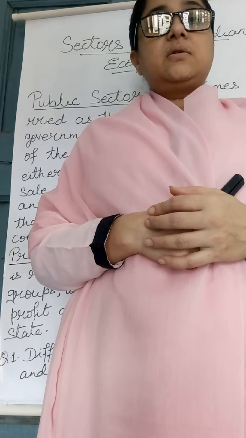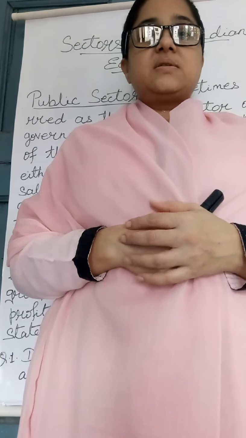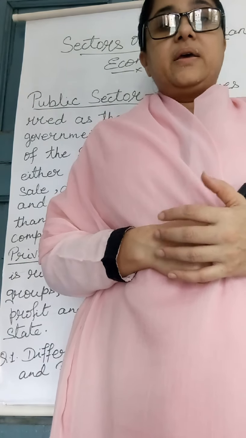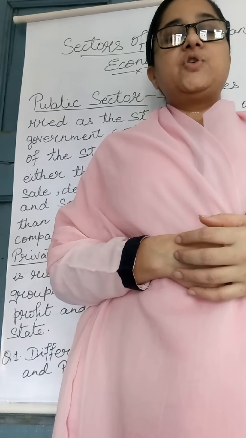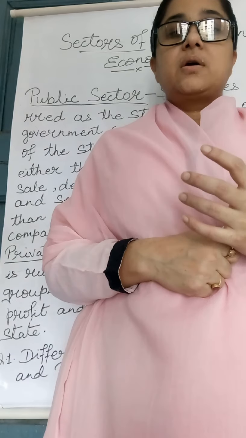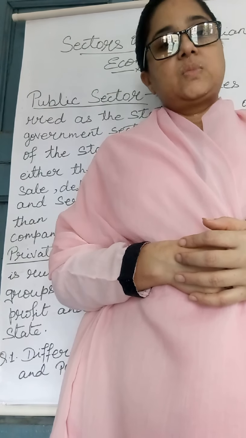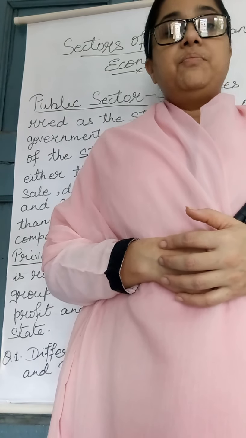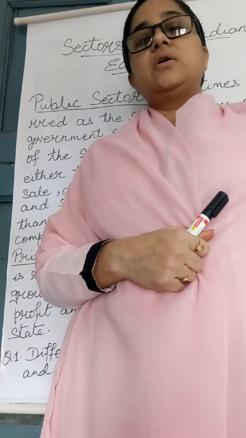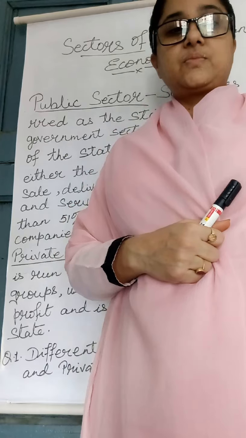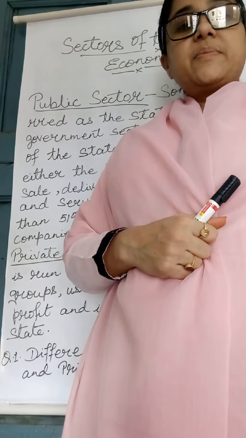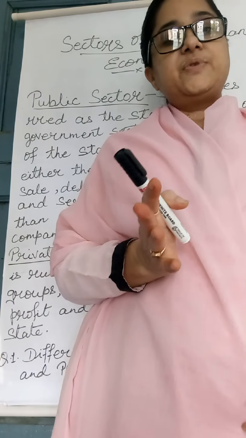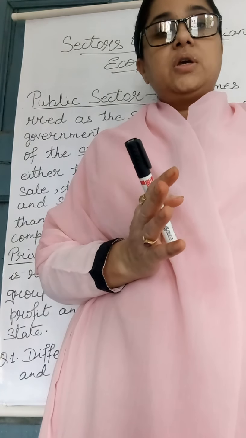In the private sector, ownership of assets and delivery of services lie in the hands of individuals or private companies. Both these sectors are involved in major activities of the economy. Except some activities, all spheres of activities are open to either of them.